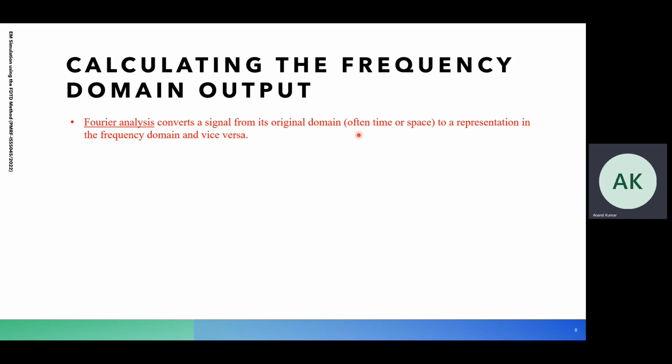To move from time domain to frequency domain or vice versa, we need to do Fourier analysis. Right now our data is in the time domain and discrete, and we want to get the frequency domain results. So what we need to do is perform a discrete Fourier transform on the time domain data available with us.